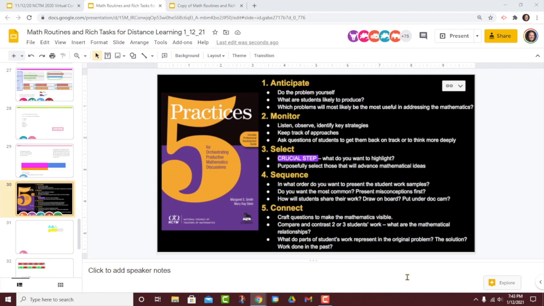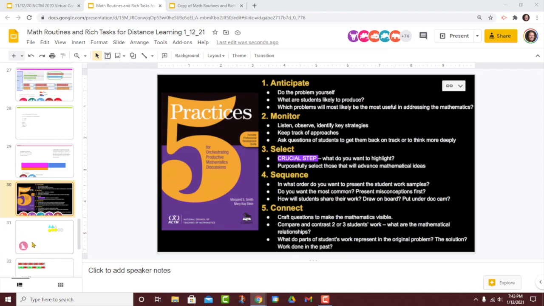When I do whole group conversations, I always follow the 5 practices as stated by Smith and Stein, where ahead of time I have anticipated a lot of different ways of solving this problem. I have monitored by going into your breakout rooms. You probably heard me step in and say, hi everyone, how's it going? Ask you all some probing questions and more.